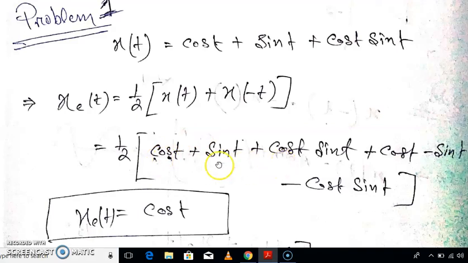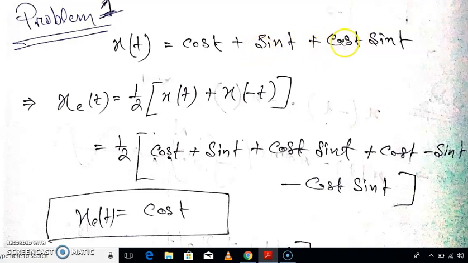So we put x(t) from here, and for x(-t) you have to put minus t in place of t. That means cos(-t) is cos t because it's an even signal, and sin(-t) is minus sin t because it's an odd signal.